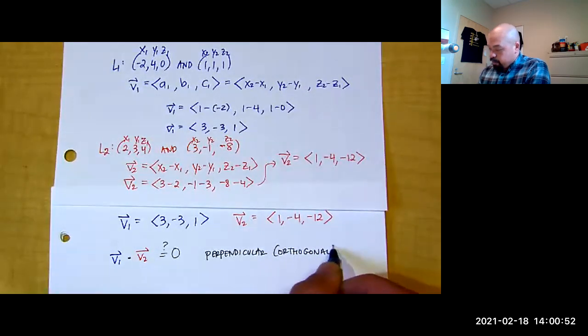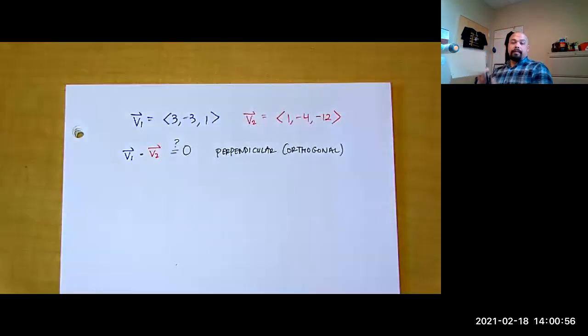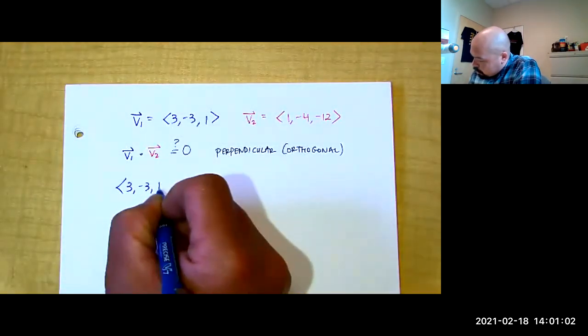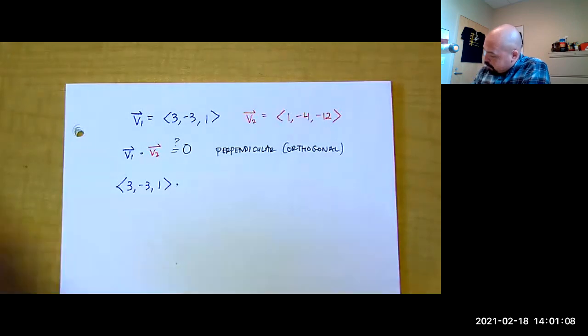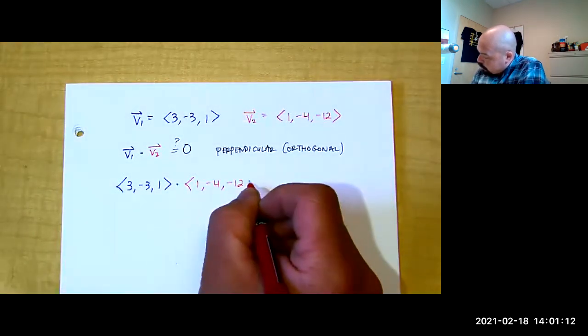Again, use that language. Okay? This other way. So doing so, our two vectors, 3, -3, 1, dot with 1, -4, -12.